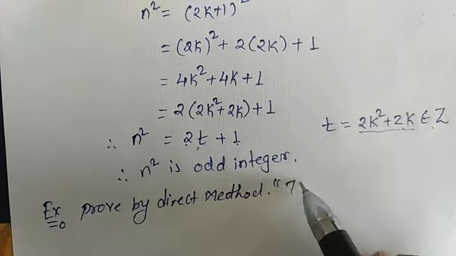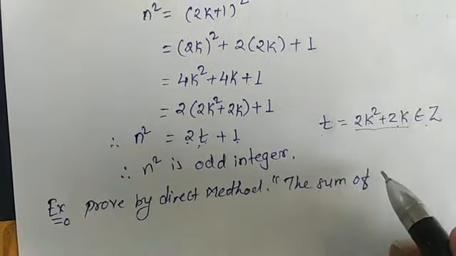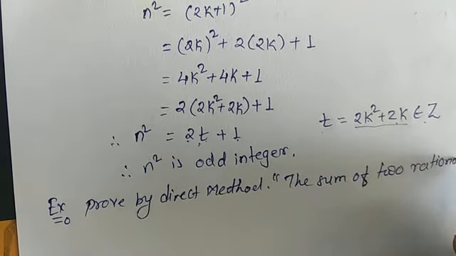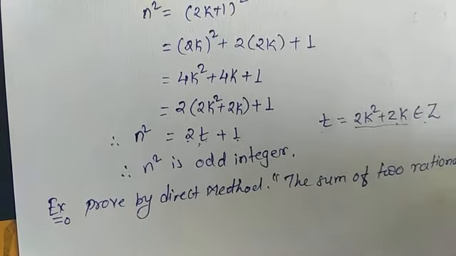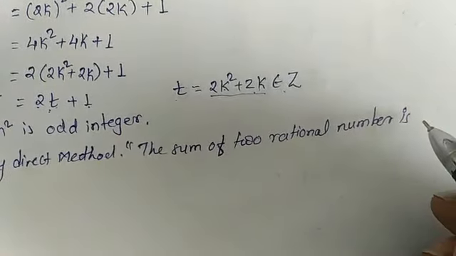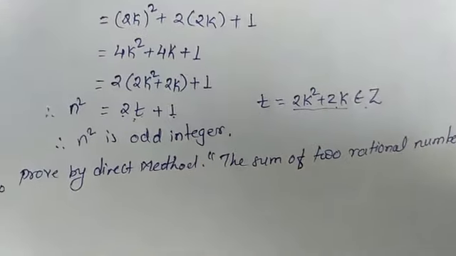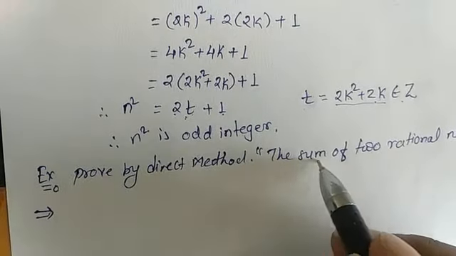that the sum of two rational numbers is again rational. First we have to consider the sum of two rational numbers.